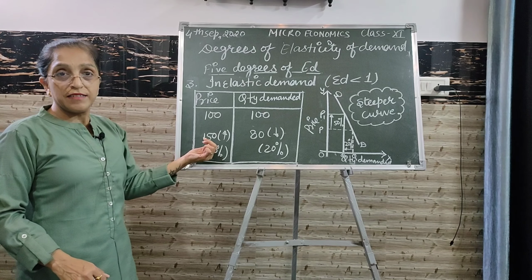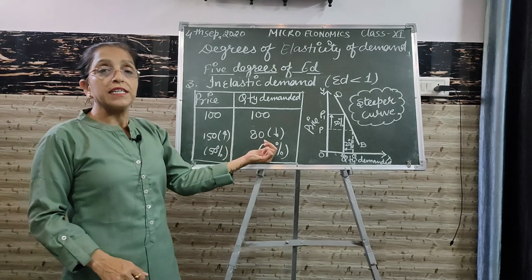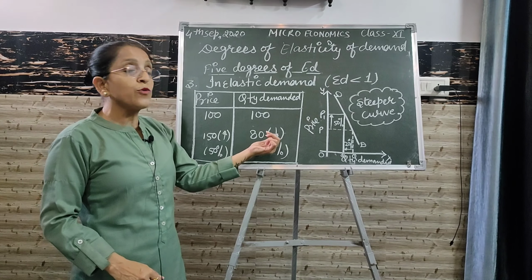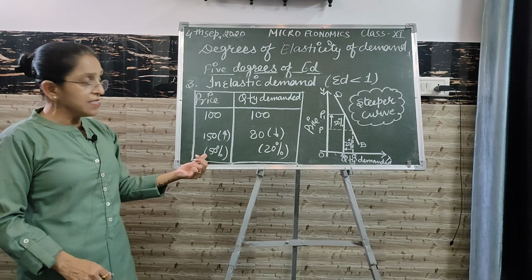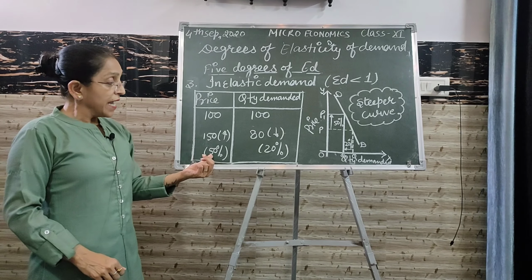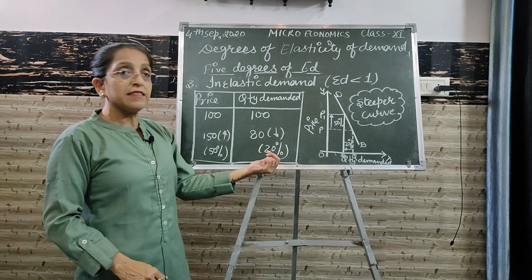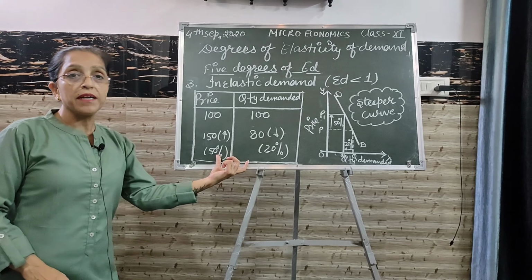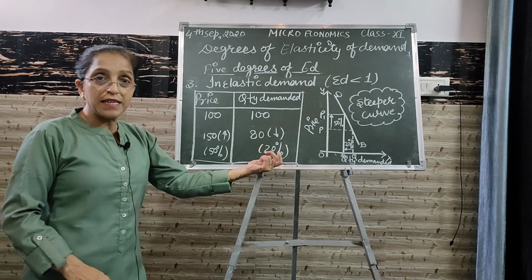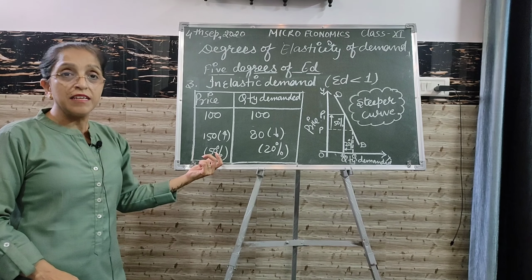As the price increases by 50 rupees, that is 150, its quantity demanded falls by 20 units, that is 80 units. Now how much percent change? The price is increased by 50%, whereas quantity demanded is decreasing by 20%. Then you can compare. The quantity demanded is decreasing by less than the percentage increase in price.